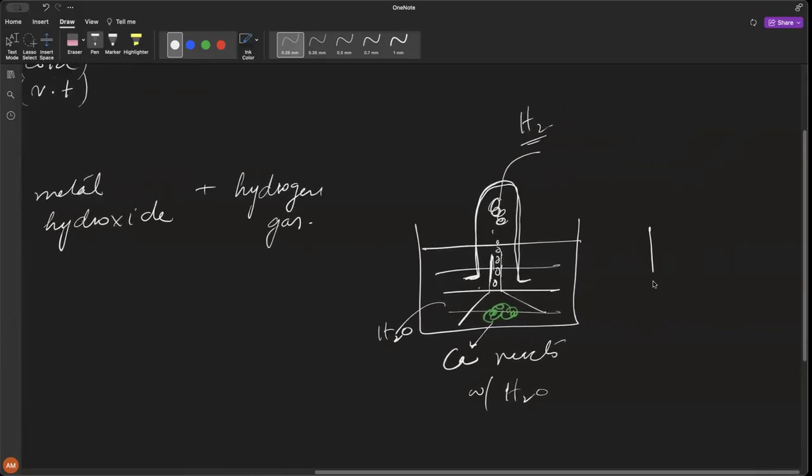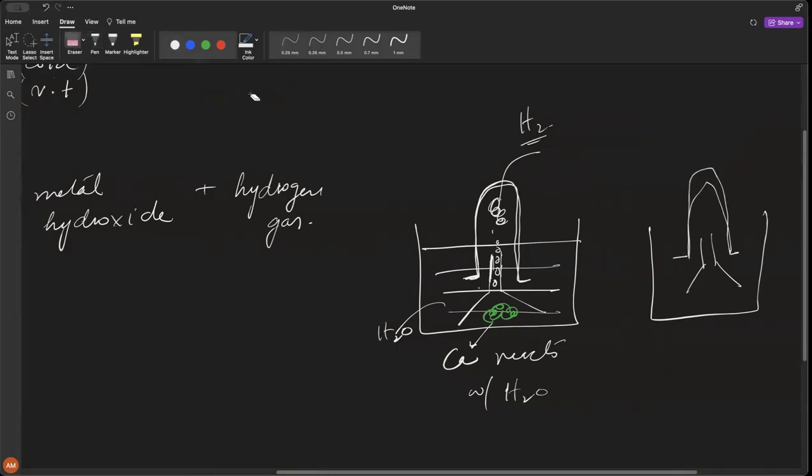Similarly, if you take a metal which does not react with water, you make a similar apparatus for it. Let's take water in this manner. And you place, let's say, zinc, and zinc does not react with water.